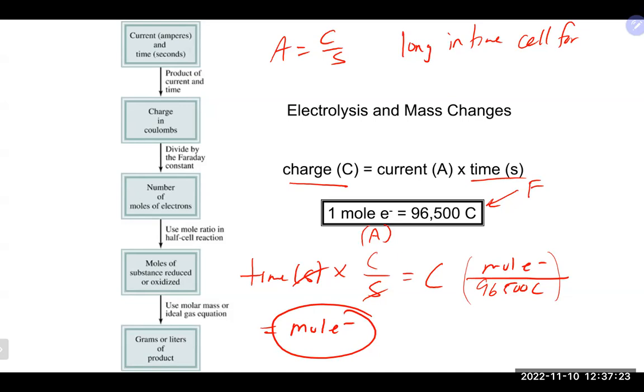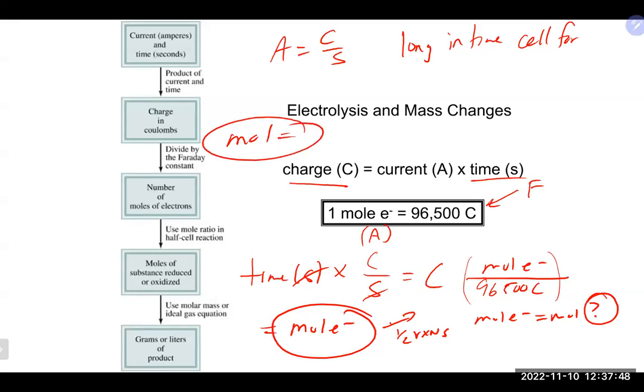We would go to our half reactions and convert moles of electrons to moles of whatever you are interested in, be it hydrogen gas, oxygen gas, metal, silver, whatever it may be. At some point you will be left with moles of something. And then you may have to figure out how many grams, which would use the molar mass.